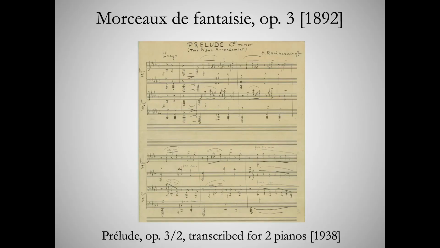First, we do have one manuscript related to the famous C-sharp minor prelude, and that's the two-piano arrangement of it. So this counts, in my view, as a transcription of a piece for solo piano, made now for two pianos. It's understood that Rachmaninoff was not a big fan of the piece because it was the one that was always played and he always had to play, but he certainly got some mileage out of it for sure, and it sort of helped to solidify his name.